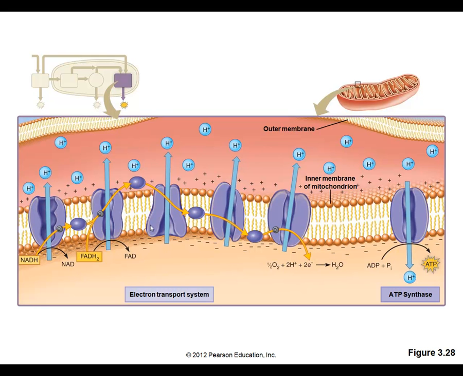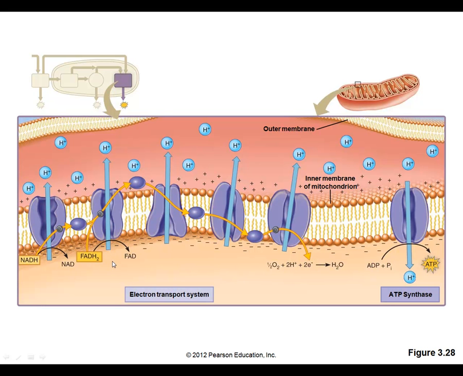And here we have the NADH donating its electrons into this protein. And when you give those electrons to the protein, it will get excited. And when it's excited, it's going to take hydrogen ions and pump them across this wall, this mitochondrial membrane, into the intermembranous space. The FADH2 is the same thing.